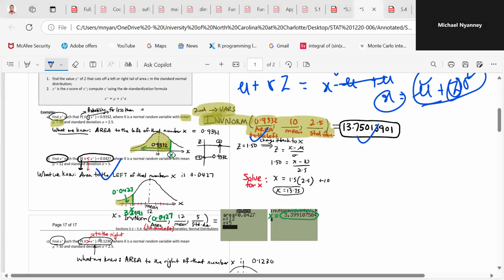Okay, so we hit second and we hit the inverse, and we go to the inverse norm. So notice, inverse norm.